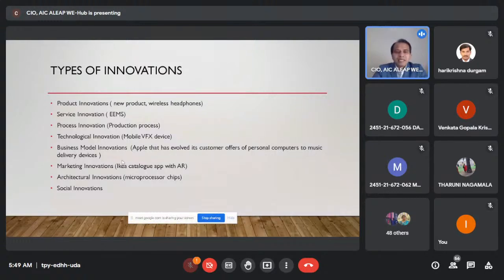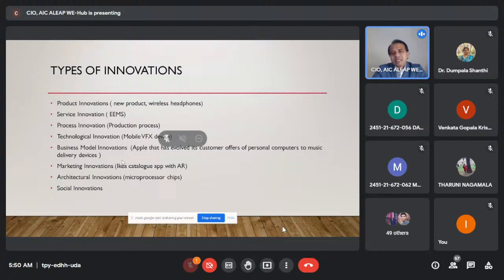You can give n number of examples. Next, service innovation. Suppose you have been providing a certain service as a consultant or as a company or as a contract research organization. So it is referred to as a service innovation. We have several service innovations right now.